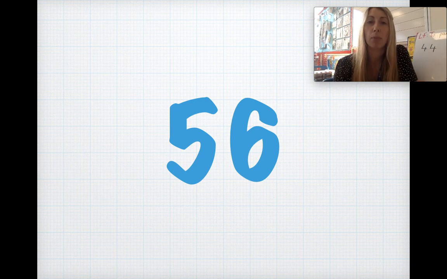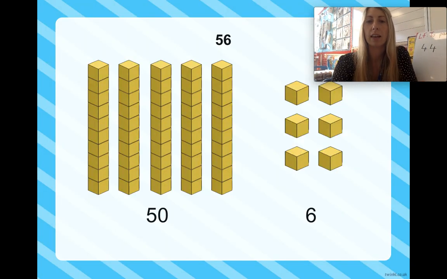Now it might be represented with pictures, so let's have a little look. We've used these rods and deans in the classroom before. Now the deans represent 1s, they're the small cubes. So we've got 6 deans here to represent those 6 1s. And then the rods represent a 10. So they're made up of 10 deans in one rod. So again, you can see there are 5 rods there.